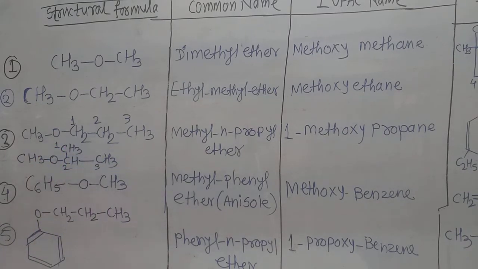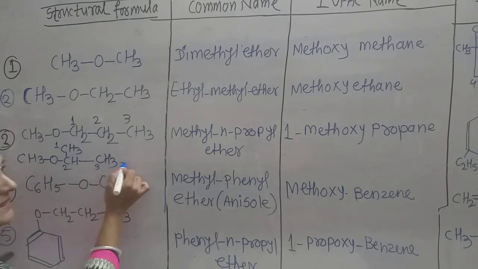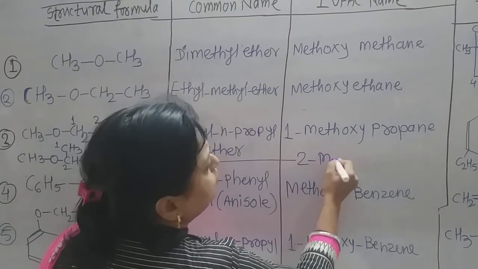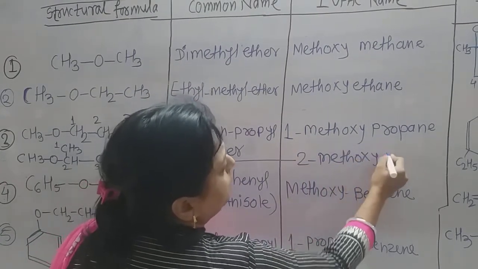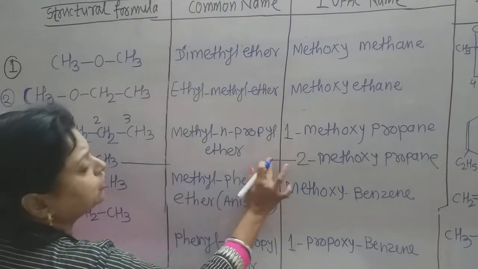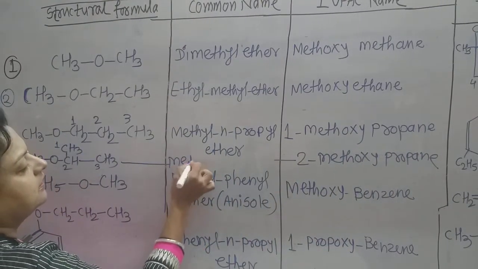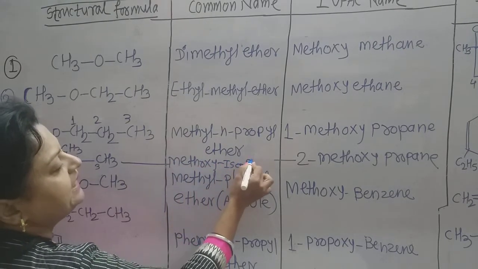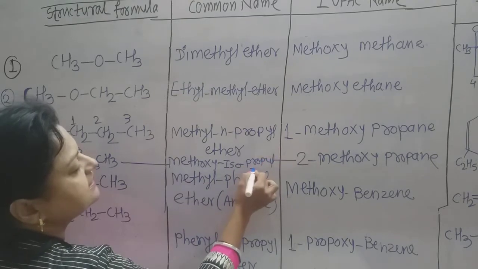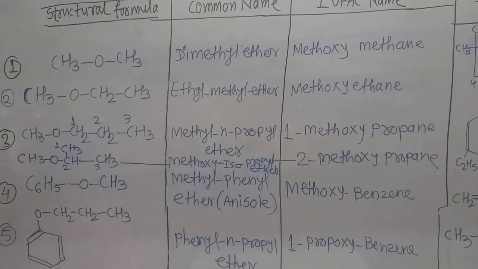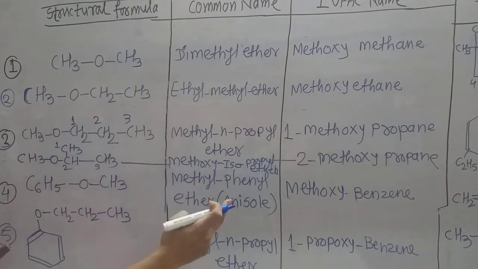So the IUPAC name of this ether is 2-methoxy propane, and the common name of that ether is methoxy isopropyl ether, because this is the isopropyl group. So the name for this ether is 2-methoxy propane.